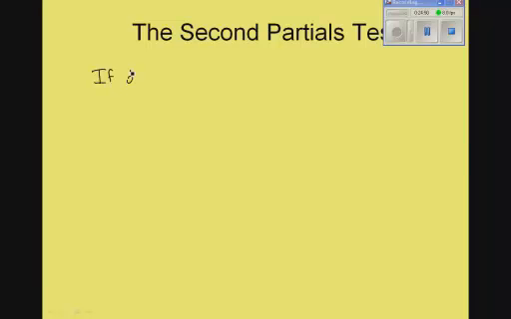If D is greater than 0, we have either a max or a min. If D is less than 0, well, one way to say it is that you have a saddle point. I'm going to say this a little more precisely.